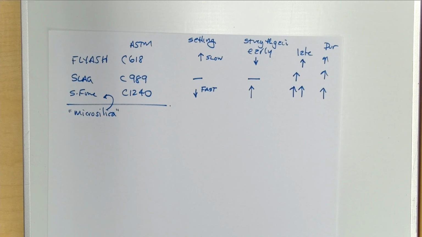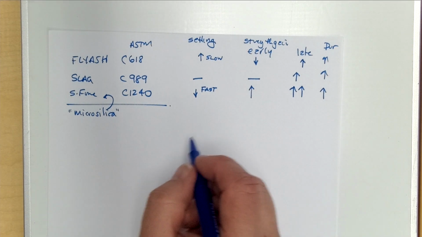They needed 12,000 PSI concrete for an apartment building. So I ended up working for the ready-mix producer, and they said, can you make 12,000 PSI concrete? Because we've never made anything higher than 6. I said, that's no problem. We don't need silica fume. We can do it with slag. So we did.